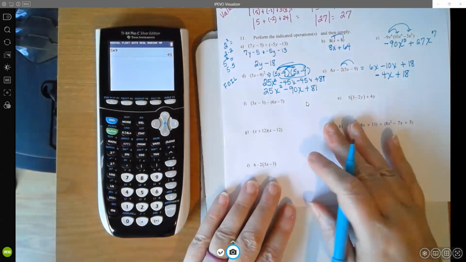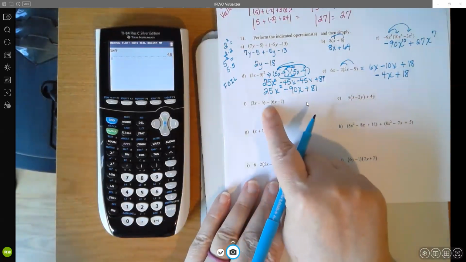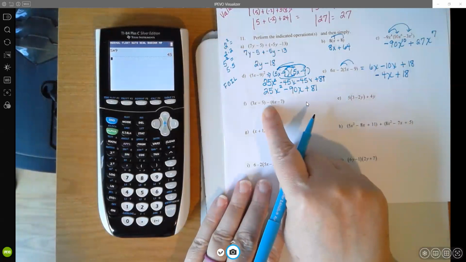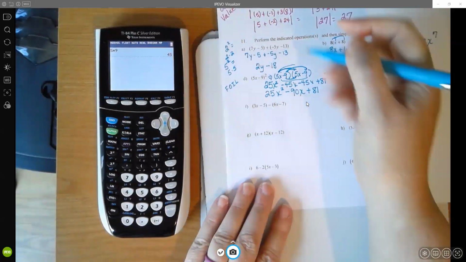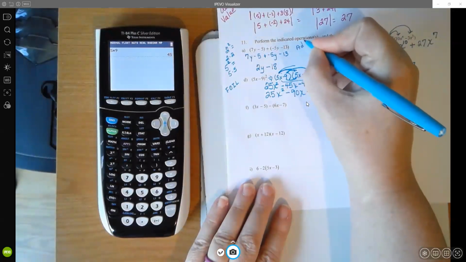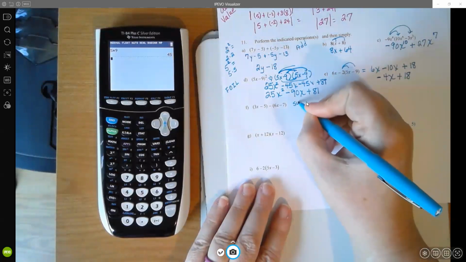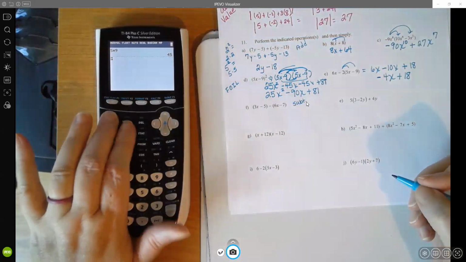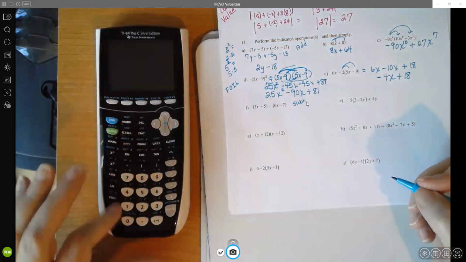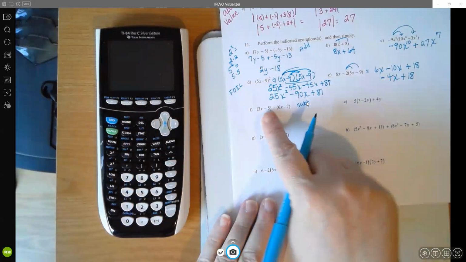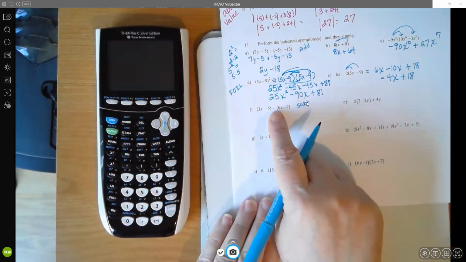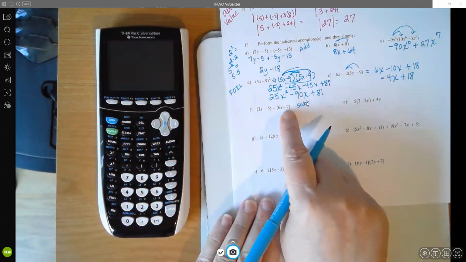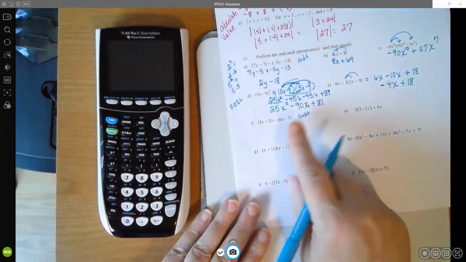Notice on the next one that we have a subtract in between these, so this would not be a FOIL, where this one is an add, this one is a subtract. And as we do the subtraction, what we want to remember here is that when we subtract, we will change the signs of what follows the subtract sign. This is adding the opposite, the same way as we learned our subtraction.